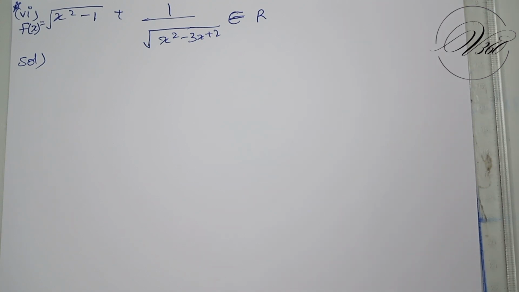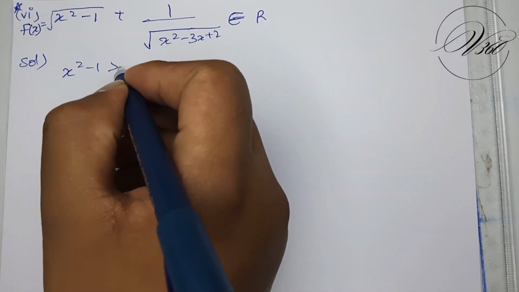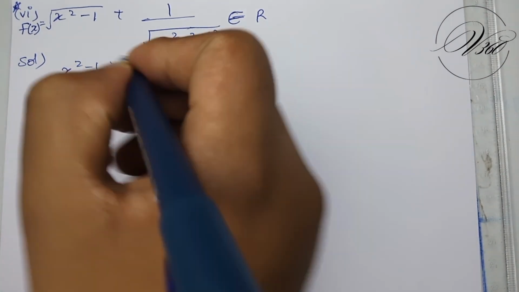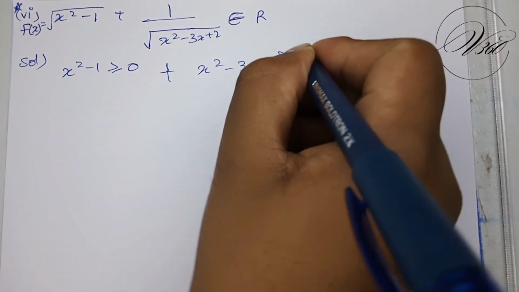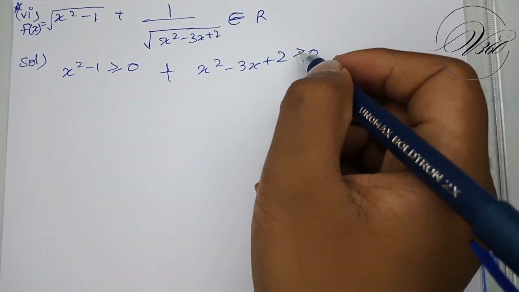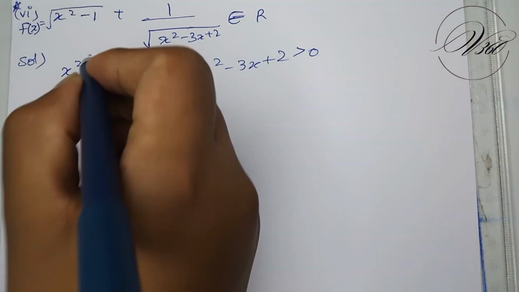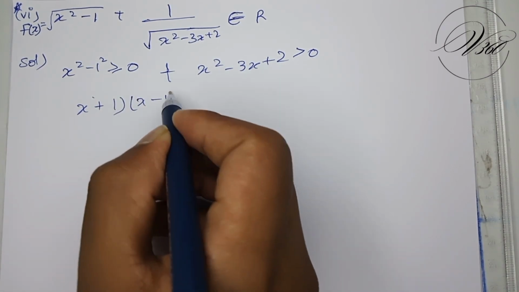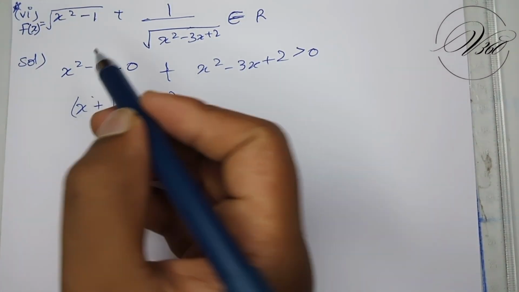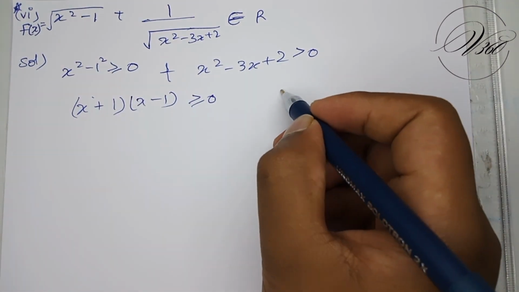First we will write x square minus 1 greater than or equal to 0, and x square minus 3x plus 2 greater than 0.